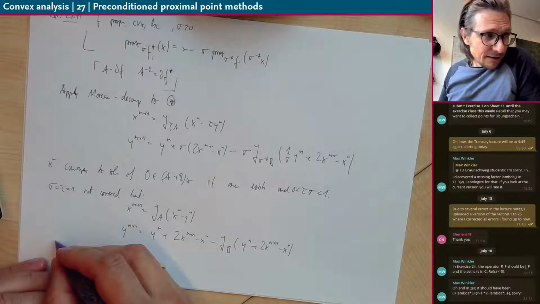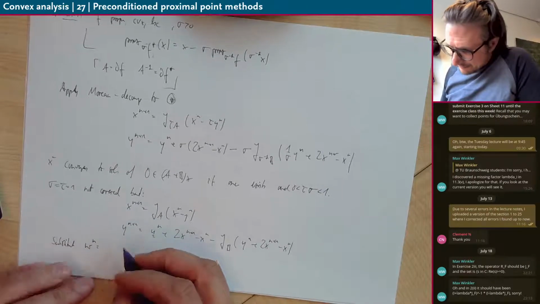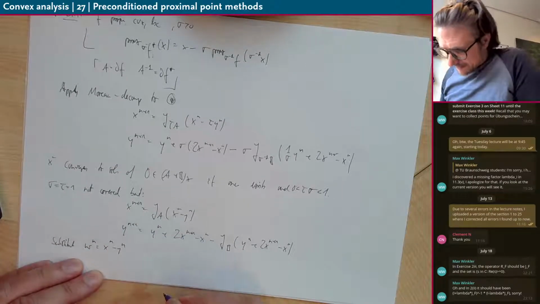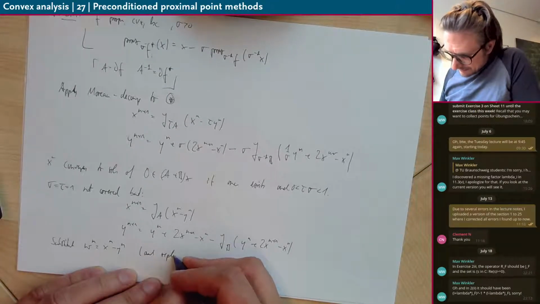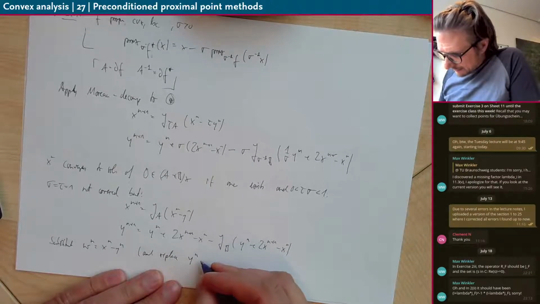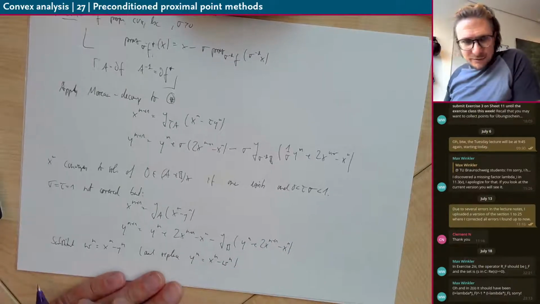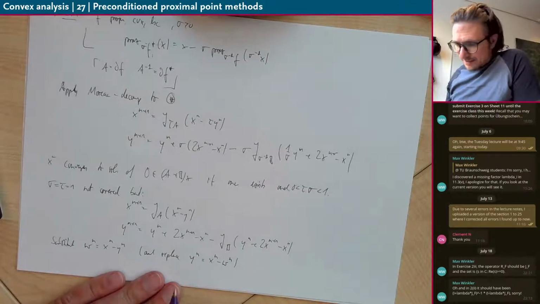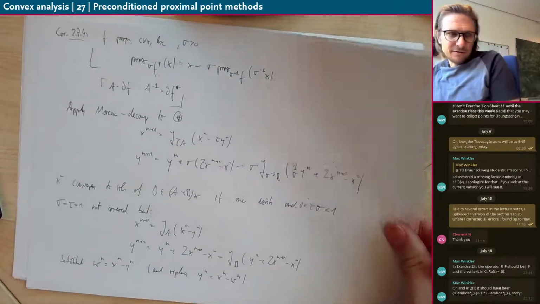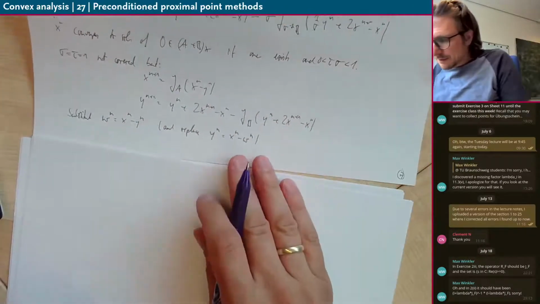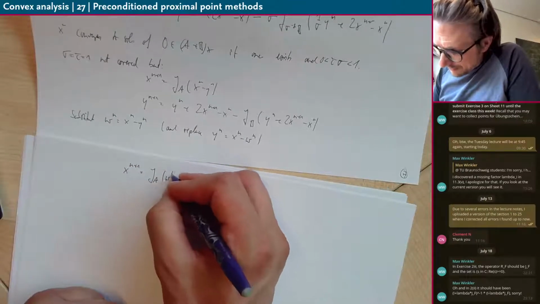And this can be seen by introducing, or substituting, w n as x n minus y n, and then y n is x n minus w n. So with this we get rid of y, we replace y by w. If we do that, we get that x n plus 1 is equal to the resolvent of w n.